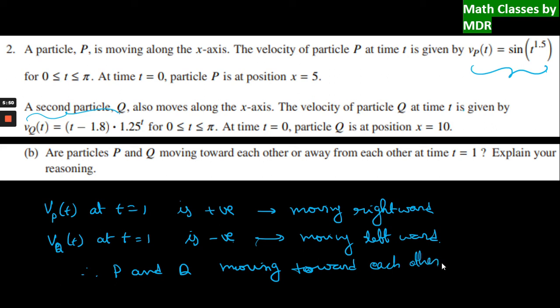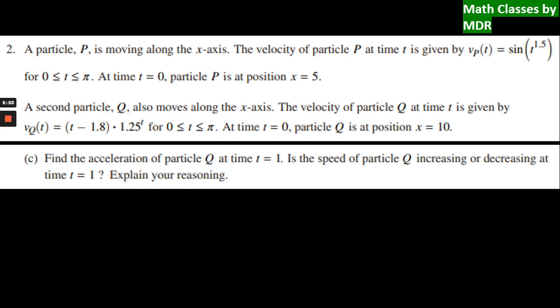Now let's go to the third part of the question. Find the acceleration of particle Q at time t = 1. Is the speed of particle Q increasing or decreasing at time t = 1? Explain your reasoning. So acceleration is nothing but dv by dt. All are linked here, right?